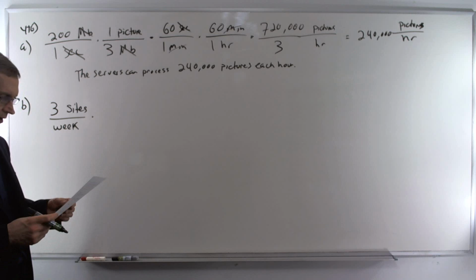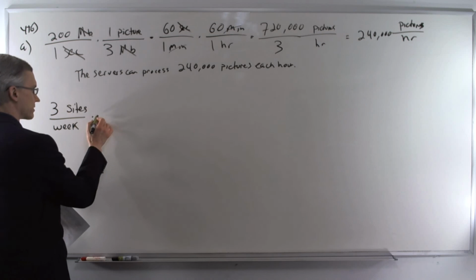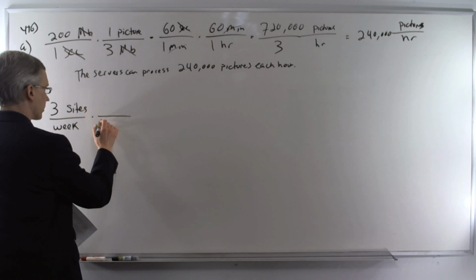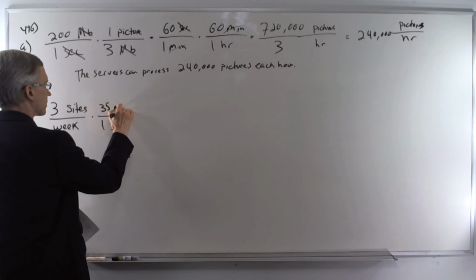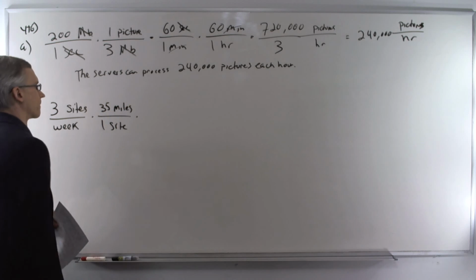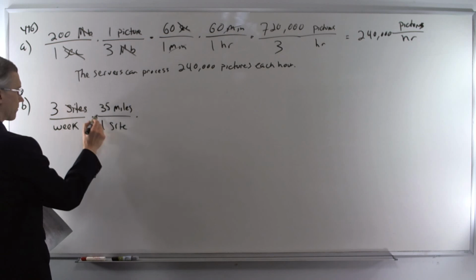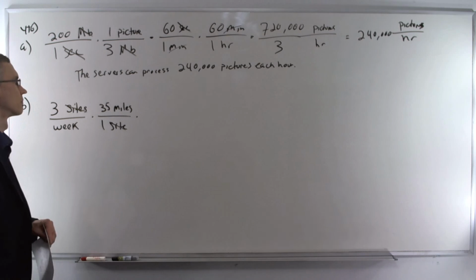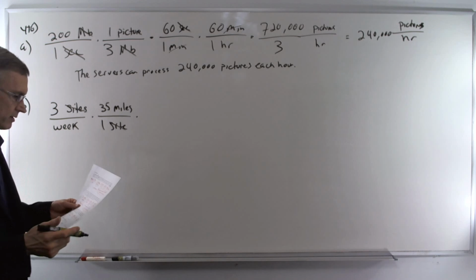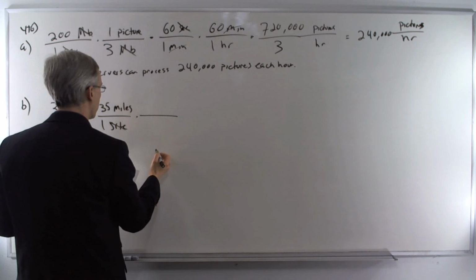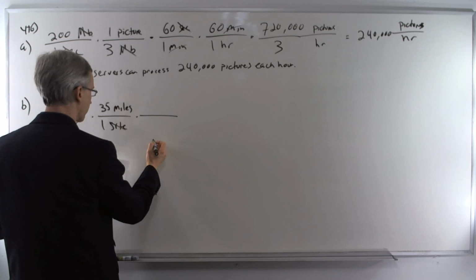All right, let's get rid of the sites. We don't care about sites, we want miles. So 1 site is 35 miles. All right, sites are gone. Now we're at miles per week. We don't care about miles, we want to get dollars. So let's convert miles into dollars.